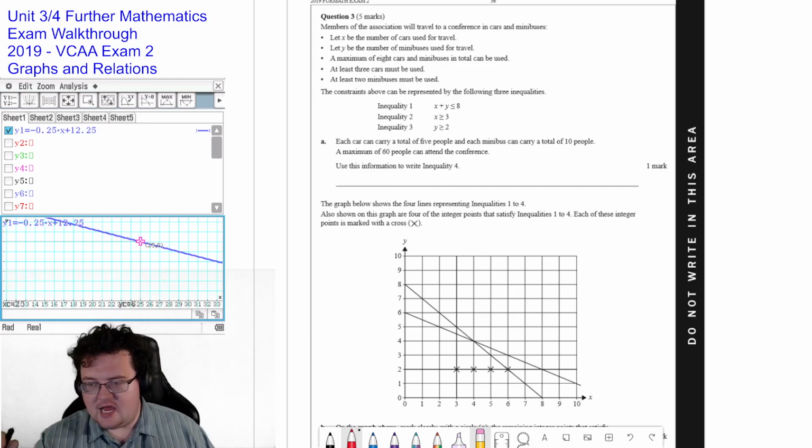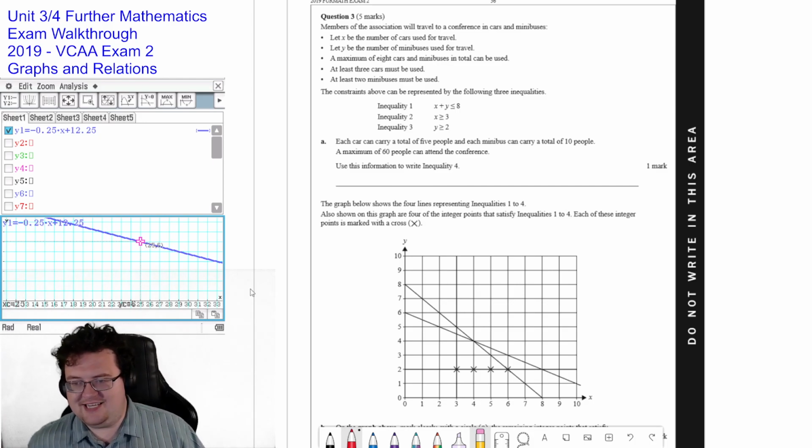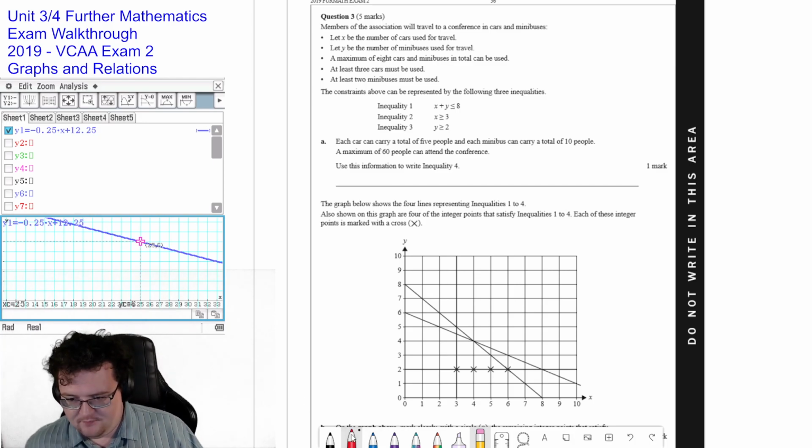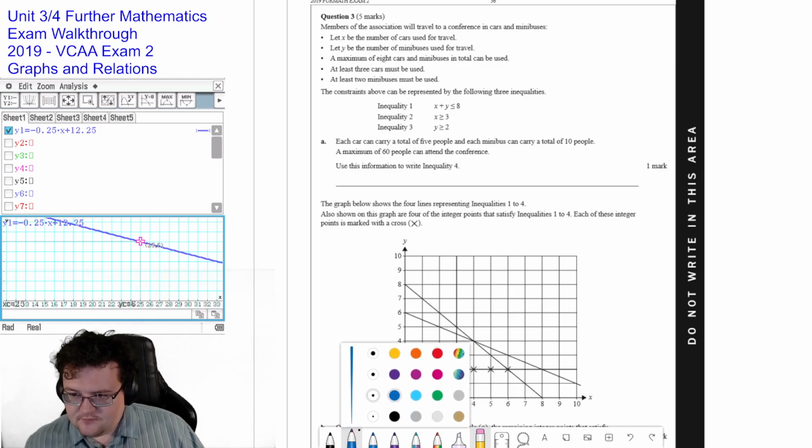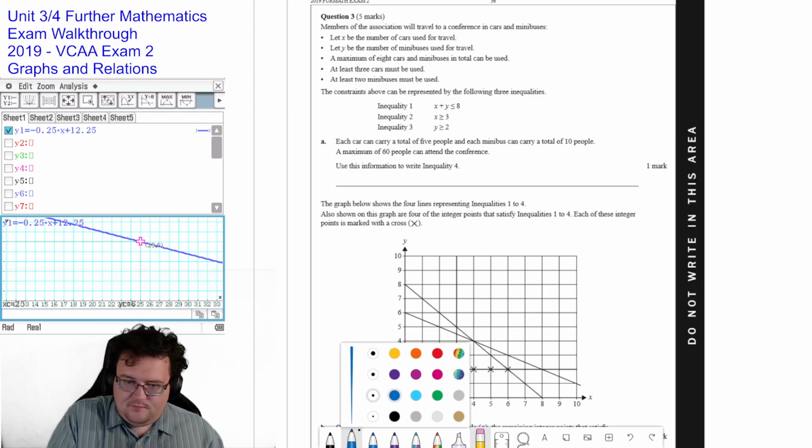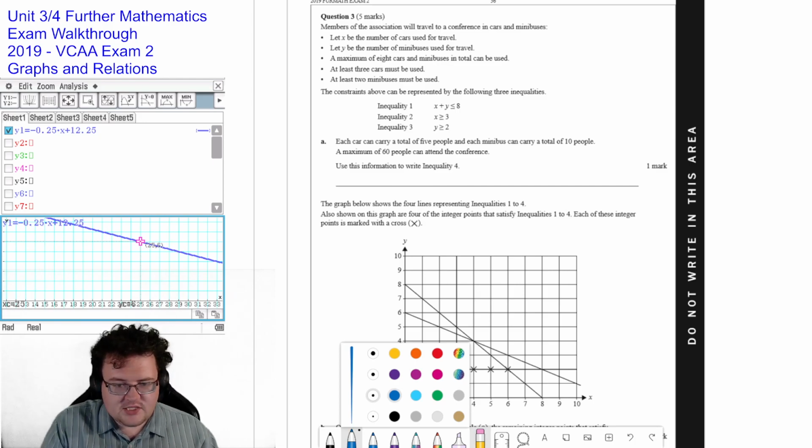Each car can carry a total of 5 people, and each minibus can carry a total of 10 people. Use this information to write inequality 4. So, the important thing to realize is that we still need to be using the same X's and Y's as before.